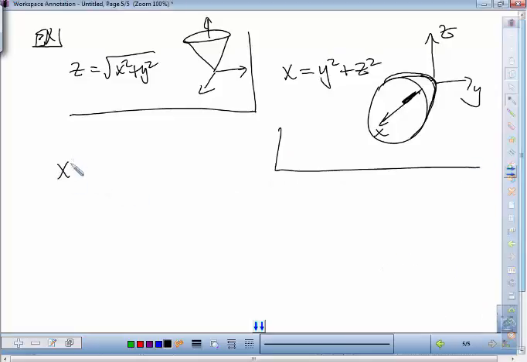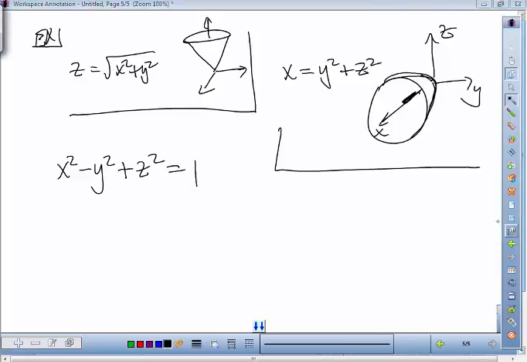How about this one? Hyperboloid of 1 sheet or 2 sheets? 2 sheets, right? Is it? 1 sheet. How can you tell the difference between a hyperboloid of 1 sheet versus a hyperboloid of 2 sheets? Which and how many values are negative, right?